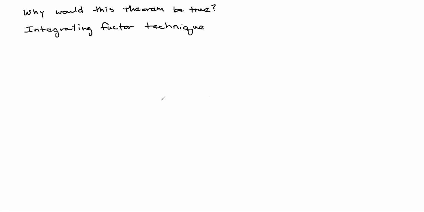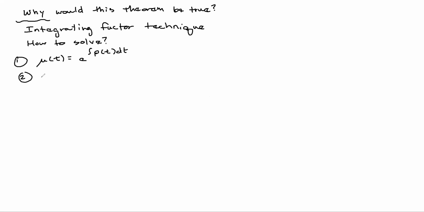Right? And so recall, how did we solve integrating factor problems? First, we go through and we find the integrating factor itself, mu of t, which is equal to e to the integral of p of t dt. That's step one.